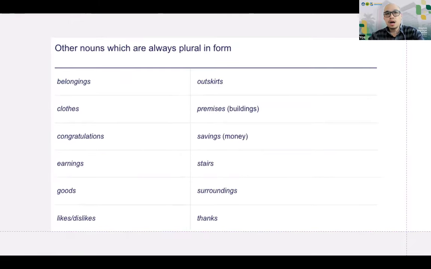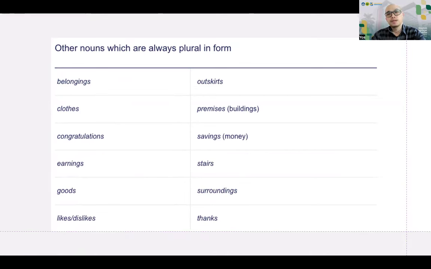Other nouns which are always plural in form are belongings, outskirts, clothes, premises, congratulations, savings, earnings, stairs, goods, surroundings, likes, dislikes, and thanks.